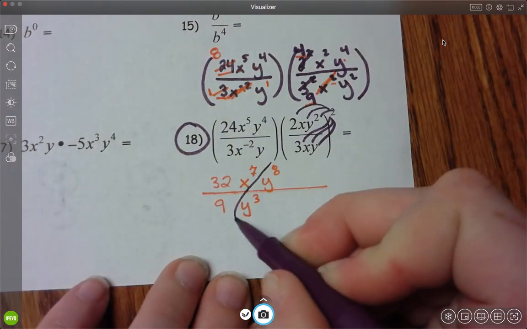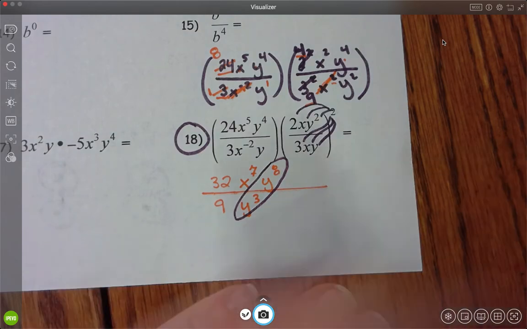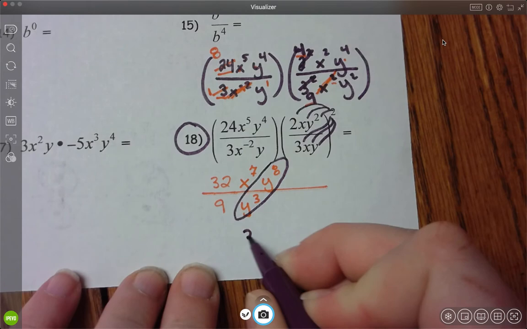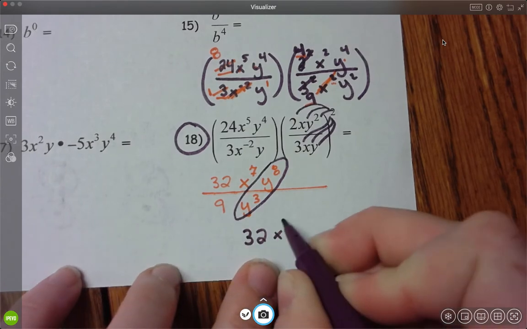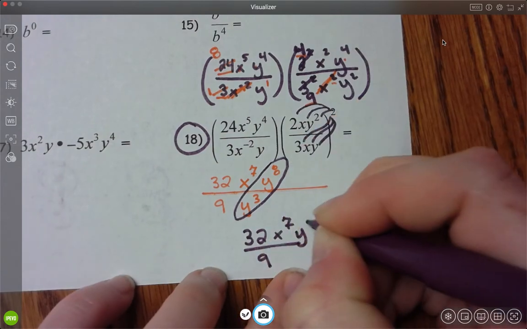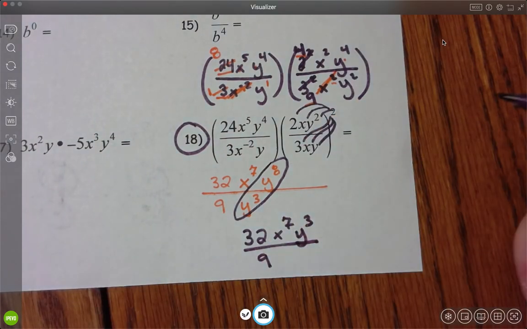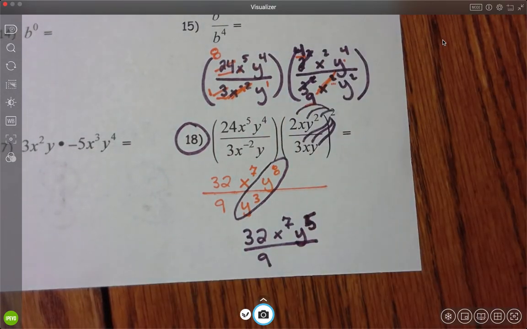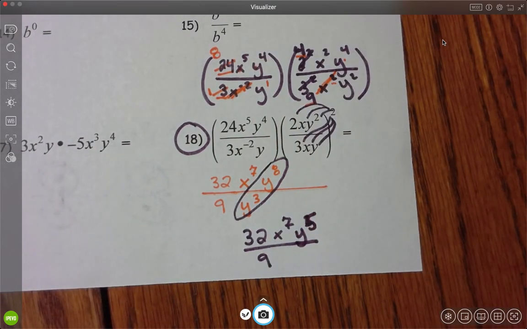So I have 8 on the top and 3 on the bottom, which will give me 5 left over on the top. So I'm going to rewrite 32x to the 7th over 9, but then I have 5 y's left on the top, not 3, 5 y's left on the top. 8 minus 3 is 5. And that's all that I can do for that one.